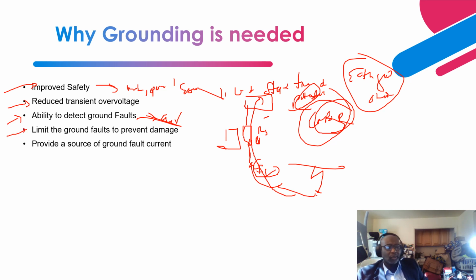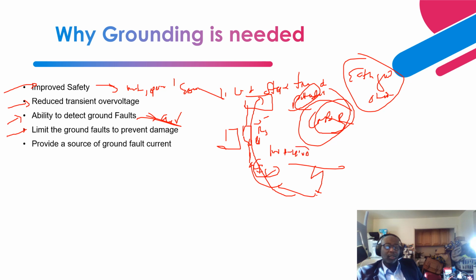Next, of course, if we are limiting this fault current to the allowable limits that is supposed to flow into the equipment, or let's say for a low impedance grounding scheme, we are limiting the fault current between 100 amps to 400 amps.